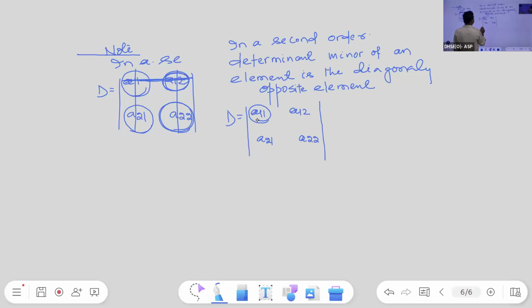So we can write minor of A11 equals A22. Minor of A12 is the diagonally opposite element, that is A21. Minor of A21 is A12 and minor of A22 is A11.